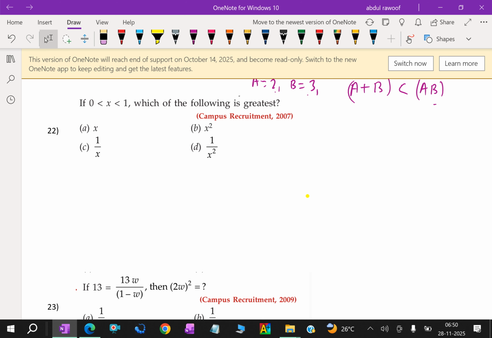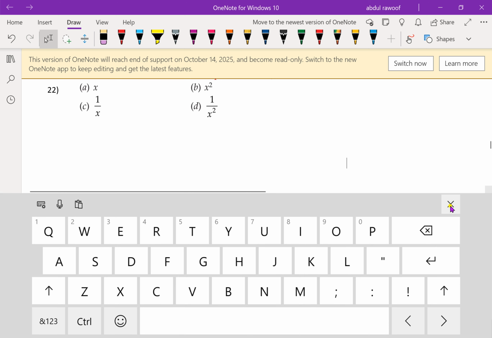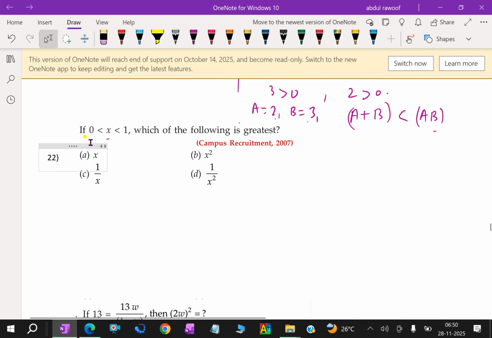Look at this. If 0 is lesser than x lesser than 1, which of the following is the greatest? Here it says x is positive because it's greater than 0, and also x is lesser than 1, which means it is a fraction or decimal lesser than 1.